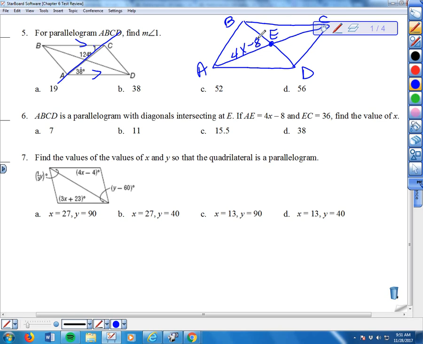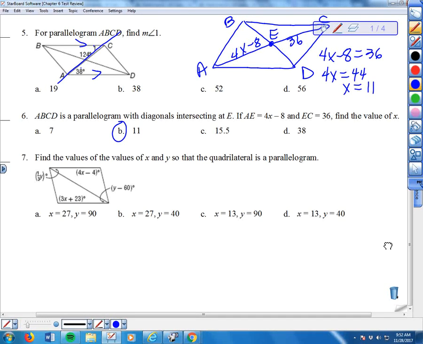And EC is equal to 36. Find the value of x. 4x minus 8 equals 36. So 4x equals 44. x is 11.